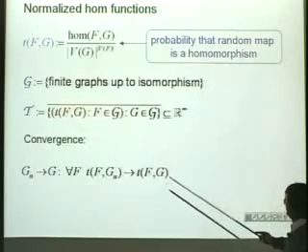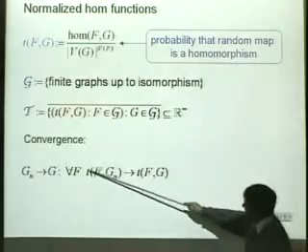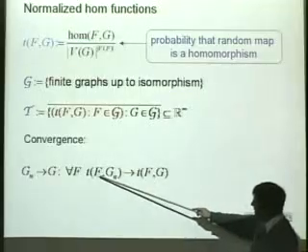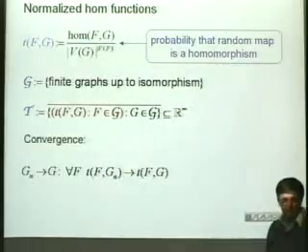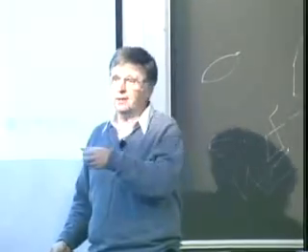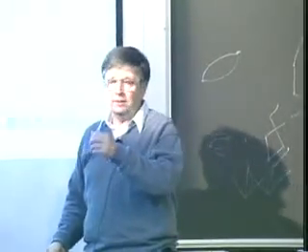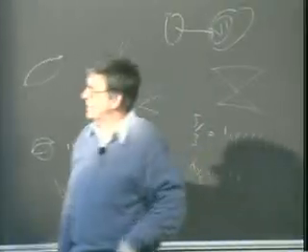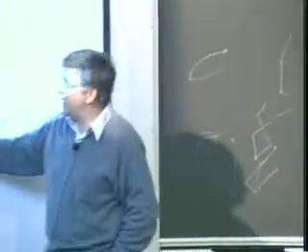I will read this t(F,G_n) as the density of F in G_n. So what's the probability that a random map is a homomorphism? That essentially means the density of F in G_n.